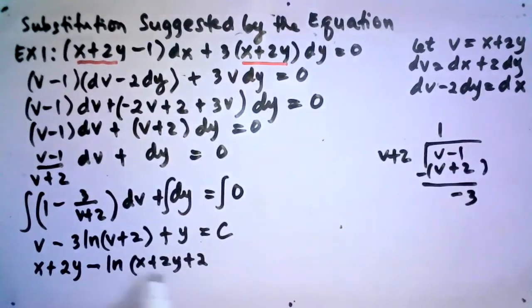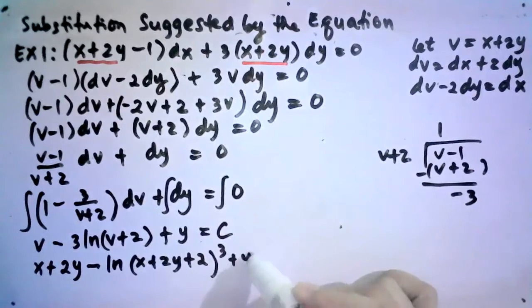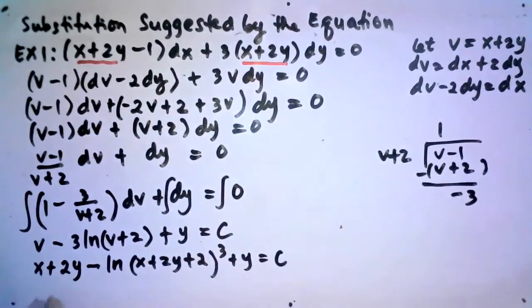Okay, v equals x plus 2y plus 2 raised to 3, which is equivalent to c. Okay, and that is now our final answer. So x plus 2, we still have here 3, sorry, I misread, plus y equals c. So the 2y plus y, that is 3y.